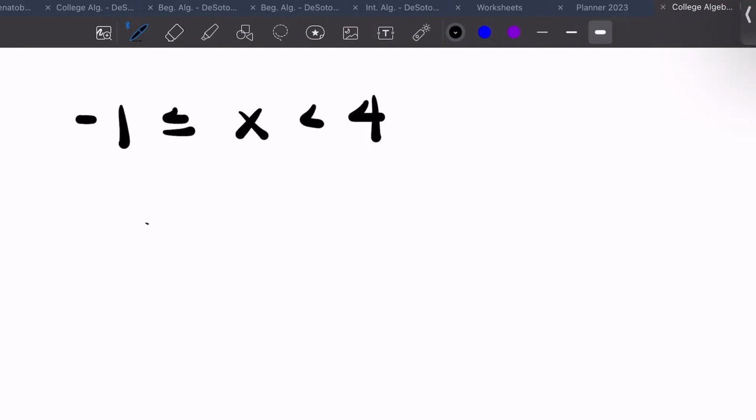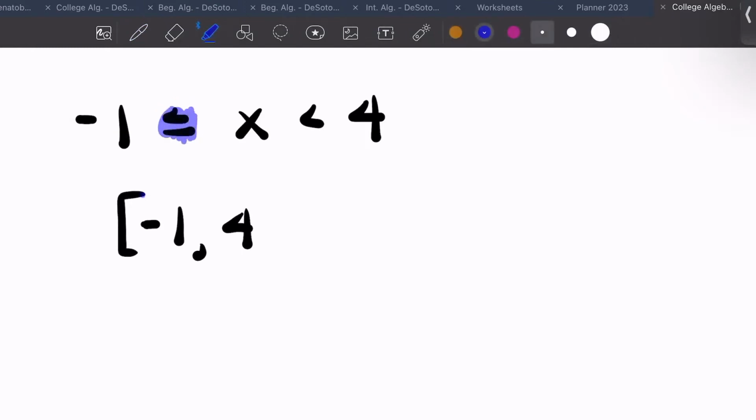So your interval notation would say -1 and 4, and you would have a bracket on -1, and you would have a parentheses on 4. I'm trying to highlight that for you guys. All right, and then you're done. Okay, that's the answer.